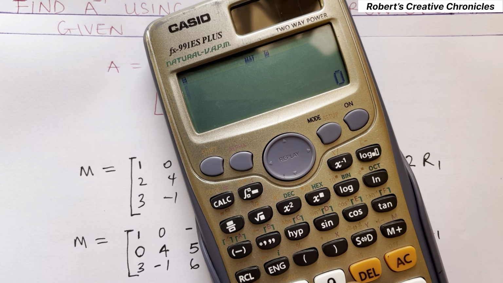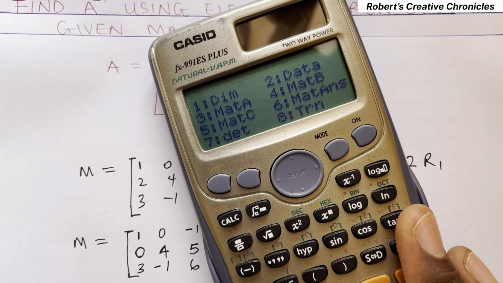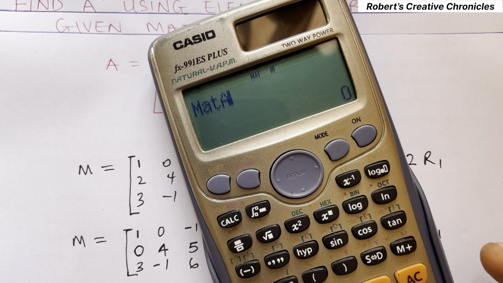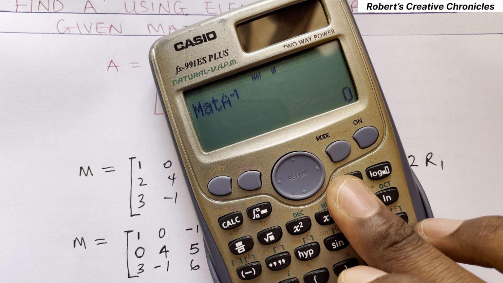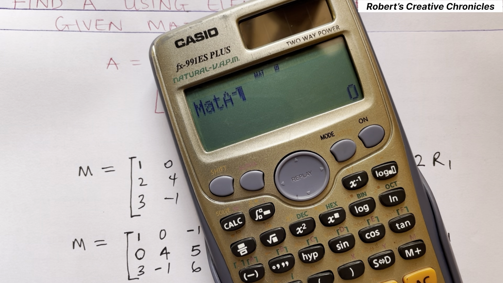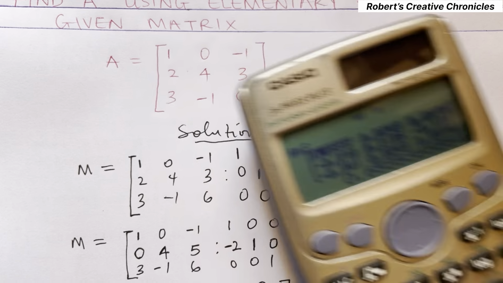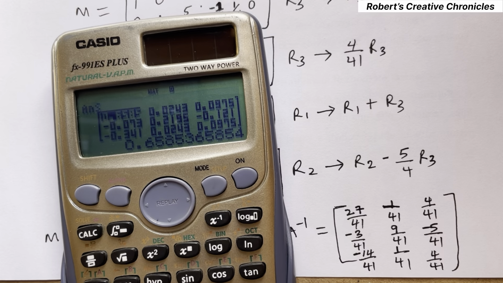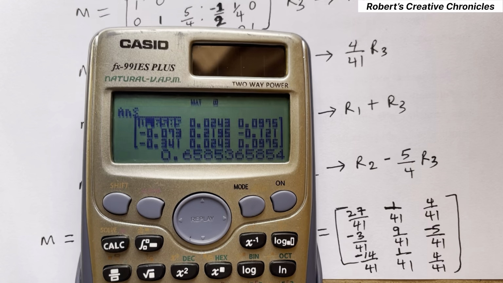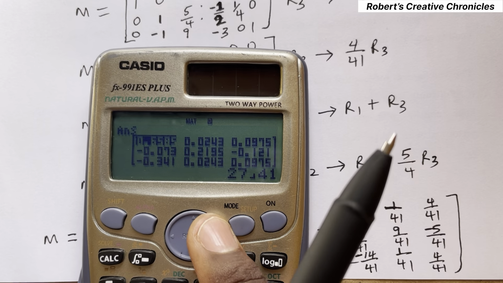Then you press Shift. Then you press 4. Then you press 3, Mat A, since we saved it in Mat A, then you press this inverse. Then you press equal to. Then you can see this is the matrix. Now let's go back. Now you press this S-D to convert it to fraction. So this is 27 over 41. Then you move to the next one.